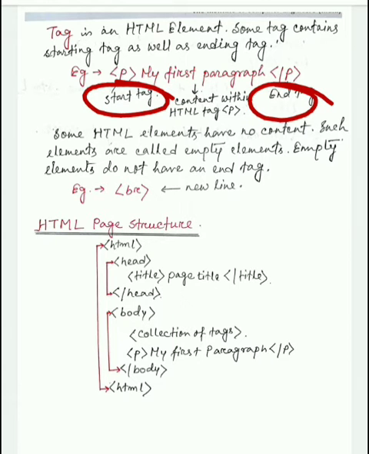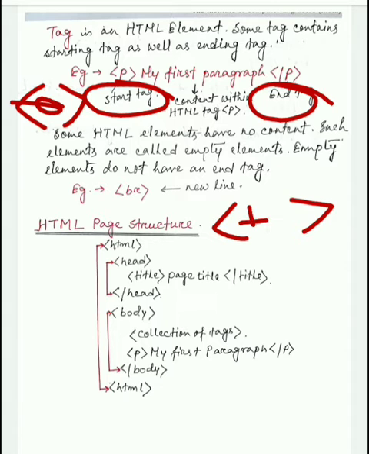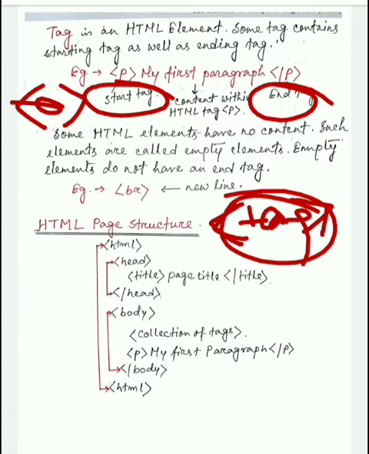Every tag should be enclosed within an angular bracket open and an angular bracket close. The keyword used within the angular brackets is known as a tag, and whatever you write within the angular brackets is a command of the markup language.